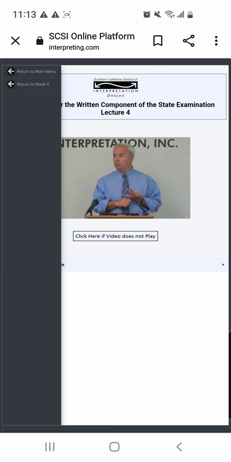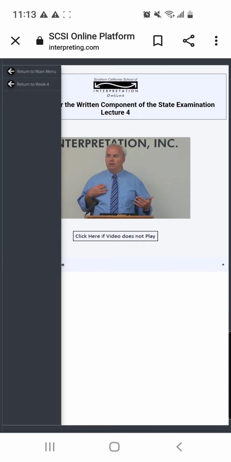Number 1, disclose any type of conflict of interest to all the parties. I think there are 4 principles. Number 2, do not communicate with any party unless you're acting as an interpreter and you have an attorney for that party there. What you don't want is the jury or a juror to see you and another person talking.